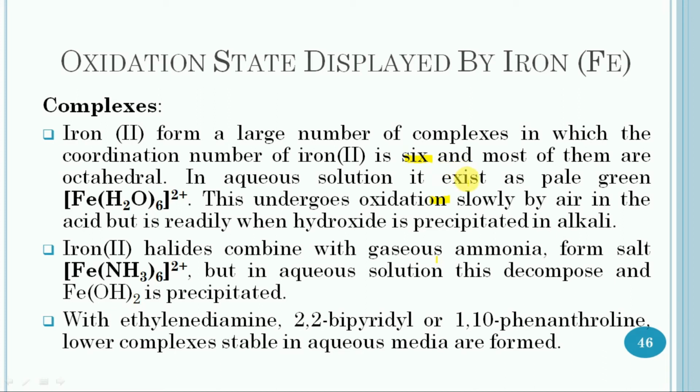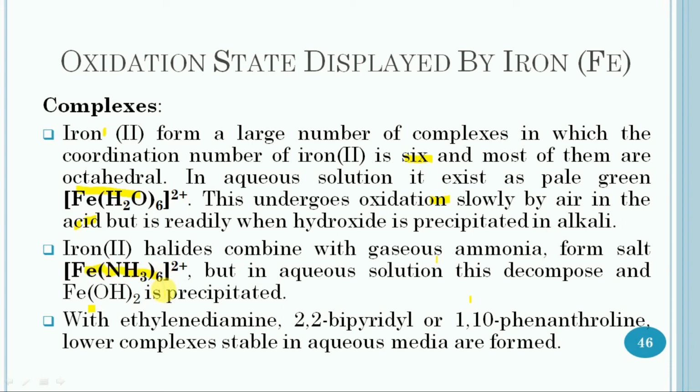In aqueous solution it exists as pale green cations with this formula having 6 water ligands. This undergoes oxidation slowly by air in acid but is readily oxidized when hydroxide is precipitated in alkali.